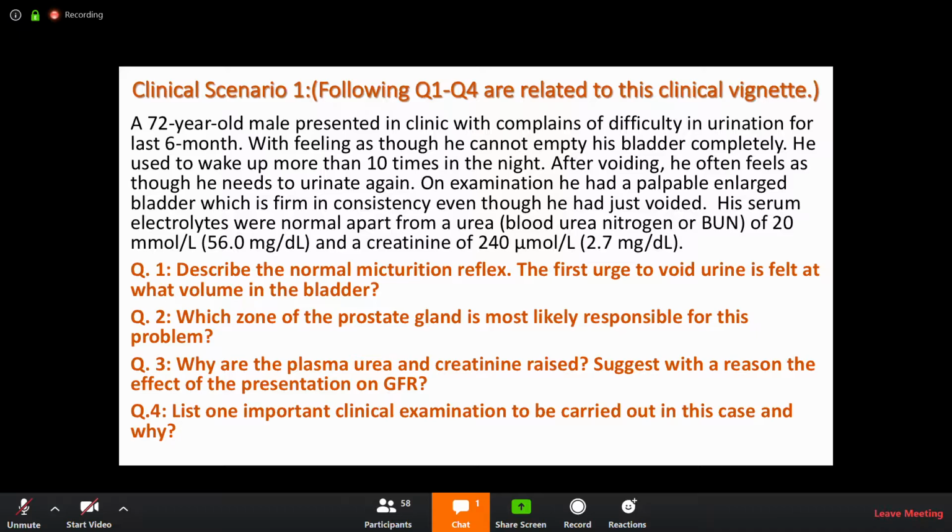After that, the next micturition reflex starts. So this continuation of involuntary reflex is purely a spinal reflex.